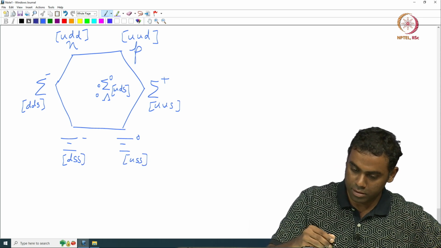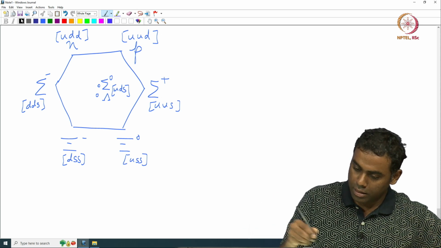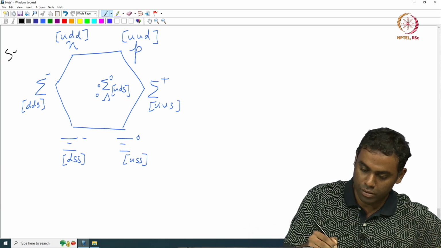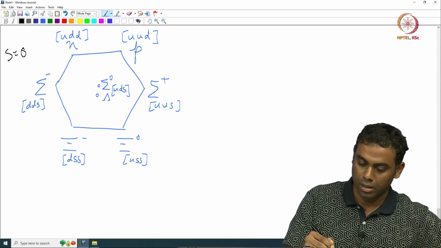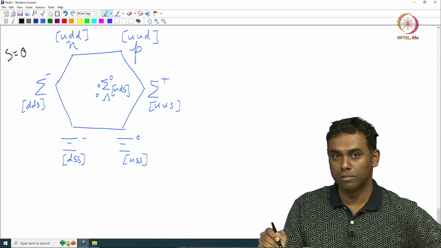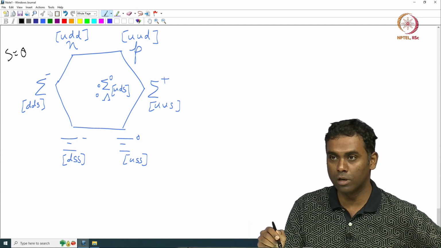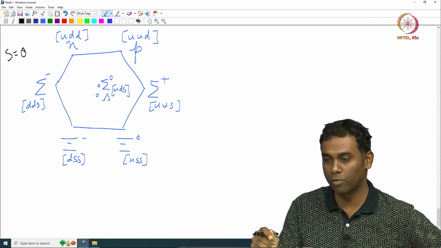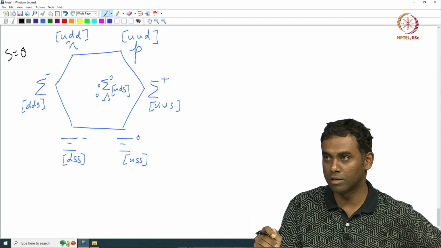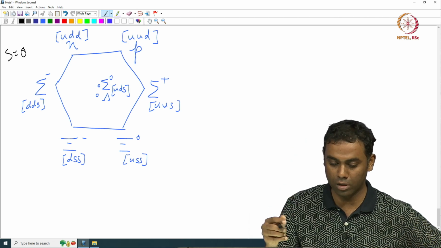The pattern is this: the first row contains no strange quark. The strange quark content can be called strangeness, obviously, for obvious reasons. So, the first row contains no strange quark.